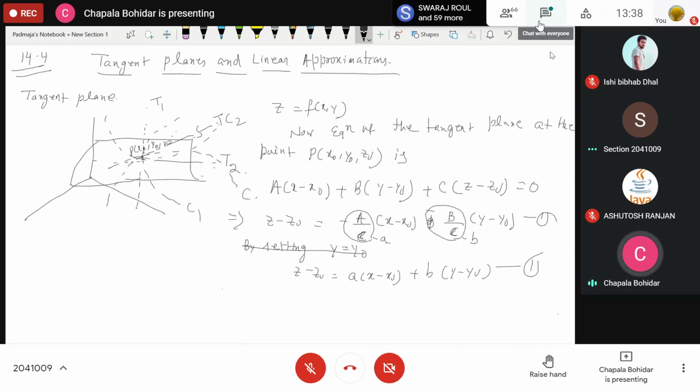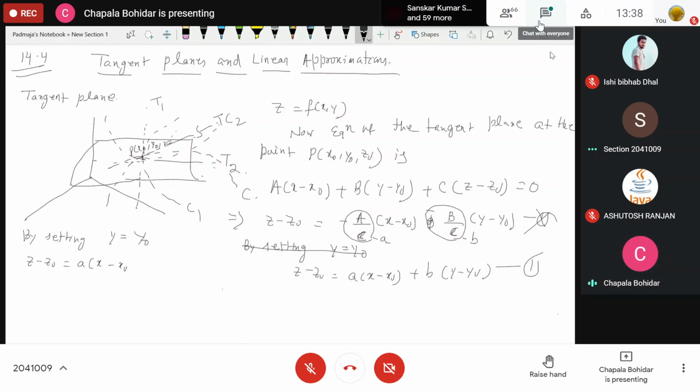Call this equation 1. By setting y equal to y0, equation 1 becomes z minus z0 is equal to a into x minus x0.